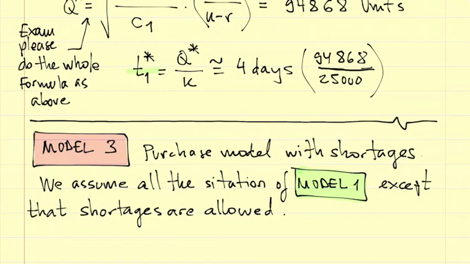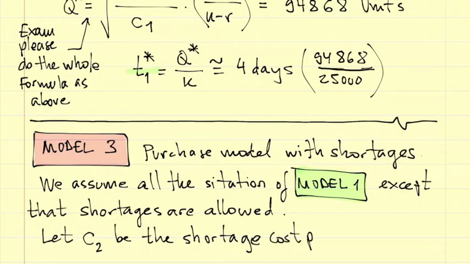So let C sub 2 be the shortage cost per unit of time per quantity.